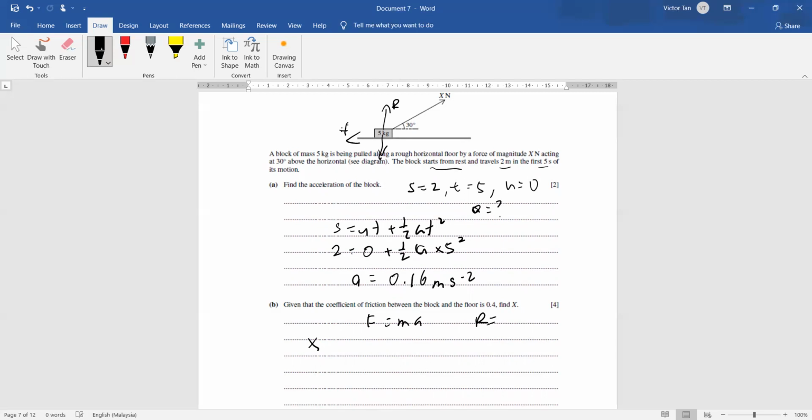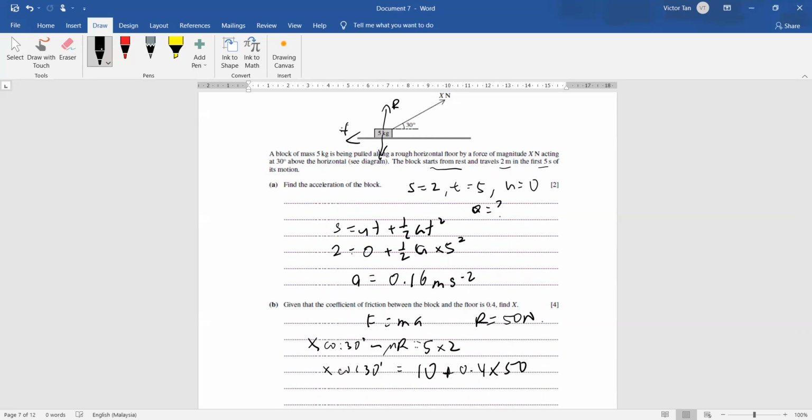R is equal to the weight, which is 50 Newton. So X cos 30 minus mu R, which is the friction, equals 5a. X cos 30 equals 10 plus mu, which is 0.4 times 50.